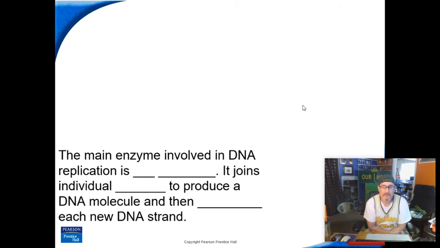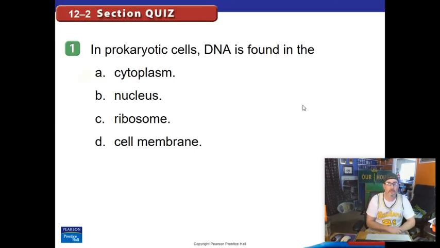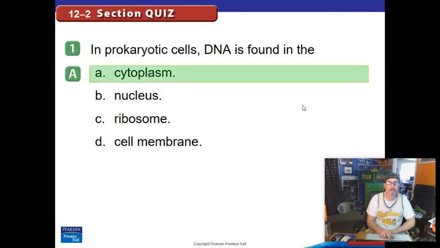It joins individual nucleotides to produce a DNA molecule, and then it proofreads each DNA strand. Nicely done. In prokaryotic cells, where do we find the DNA? Yep, they do not have a nucleus, therefore it is in the cytoplasm.